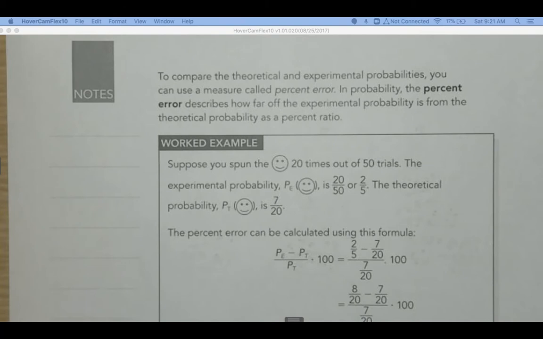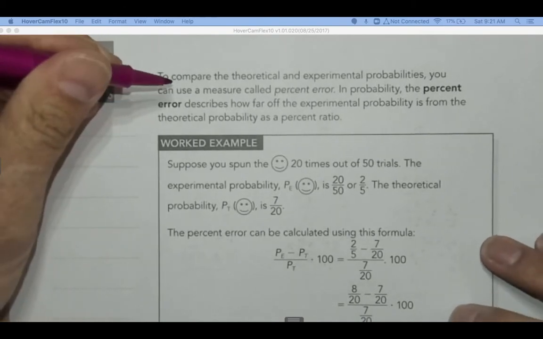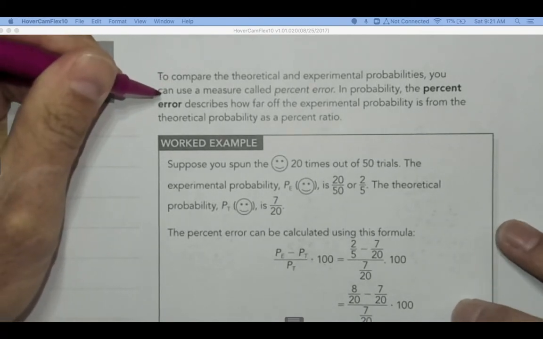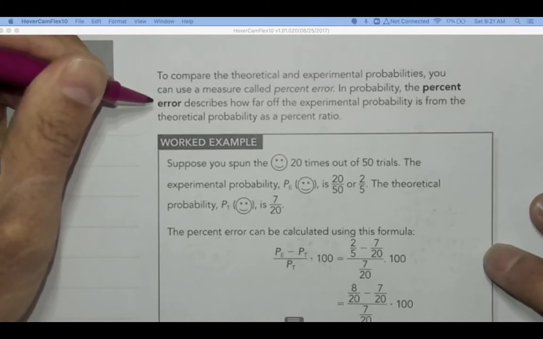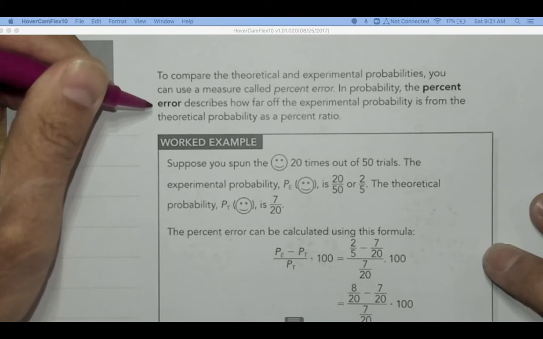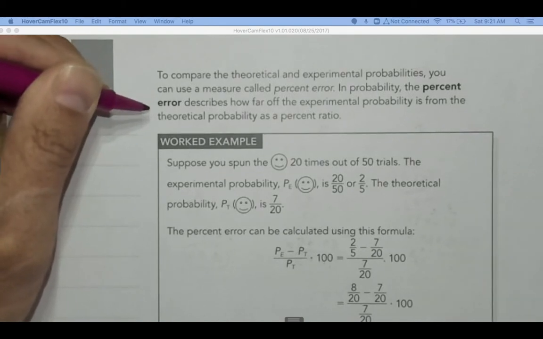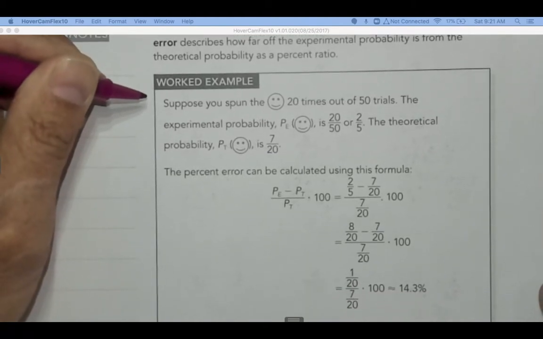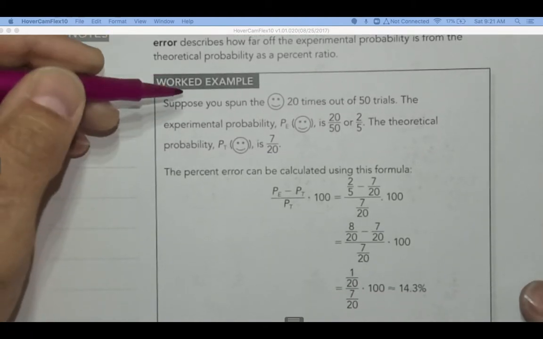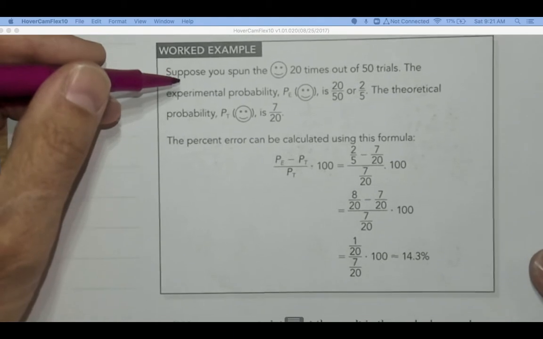All right. To compare the theoretical and experimental probabilities, you can use a measure called percent error. In probability, the percent error describes how far off the experimental probability is from the theoretical probability as a percent ratio. Suppose you spun the smiley face 20 times out of 50 trials.